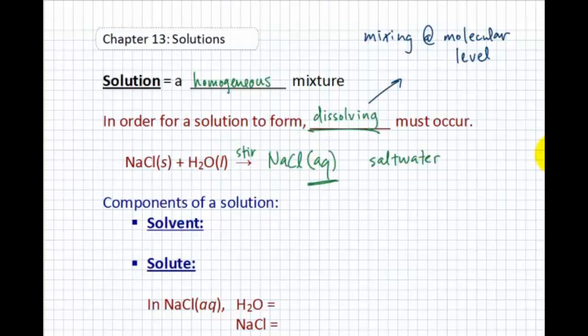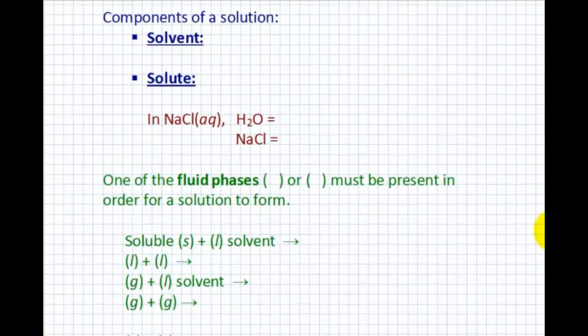So let's just get our terminology straight here. Every solution has one solvent. It's just the major component of the solution. Okay, it's just whatever we have more of. The solute or solutes are just the minor components.